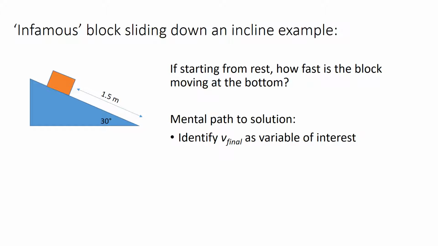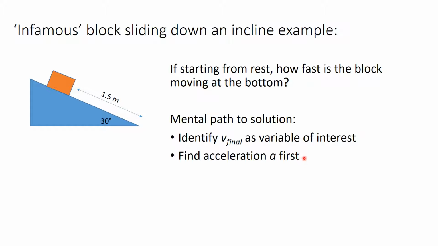Because we're going to use Newton's laws of motion, I know that I could probably solve for the acceleration of the block down the incline. And knowing the acceleration of the block down the incline could be useful combined with the displacement and the initial velocity to solve for the final velocity. Essentially, once we find the acceleration, we're looking at a one-dimensional kinematics problem.